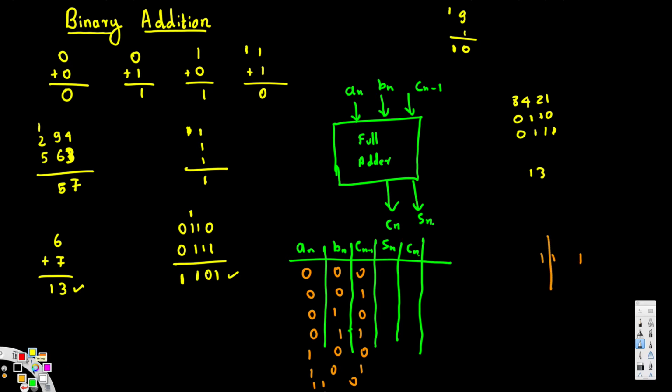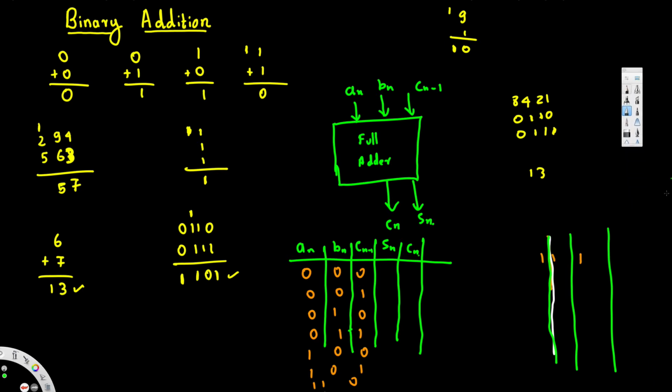Let's create a table, continuing: AN, BN, CN minus 1, SN, and then CN.